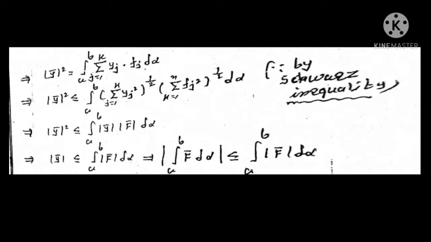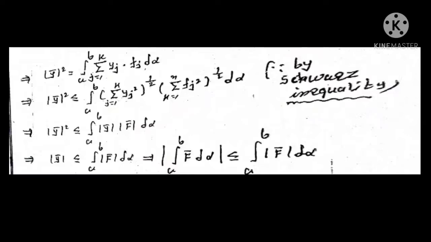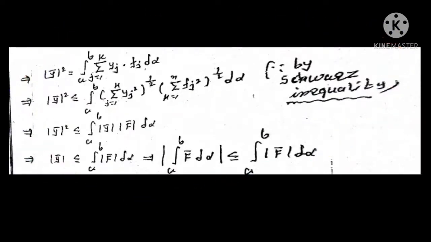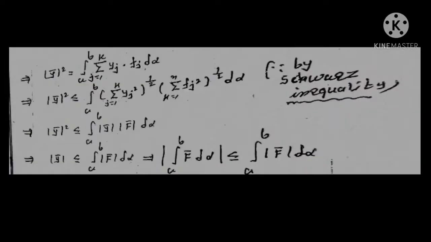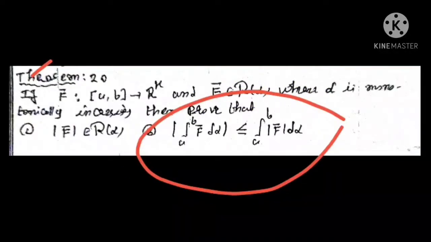So here modulus of RS integral of f bar with respect to alpha on closed interval ab is less than or equal to this. Therefore, proof is complete. Now next example.